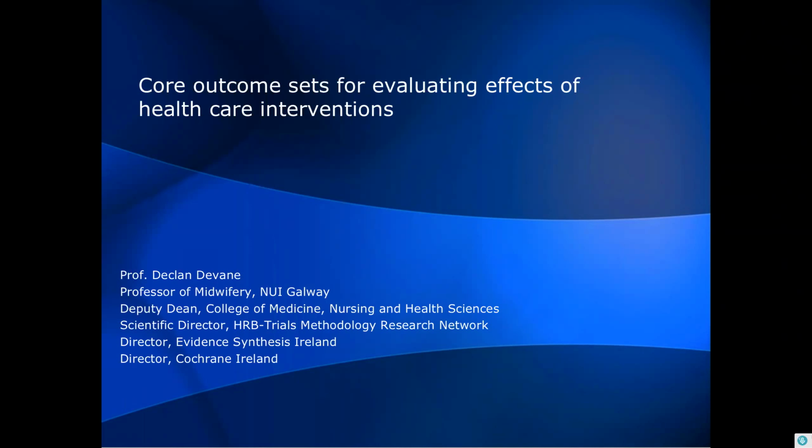Declan trained as nurse and midwife, meandering his way into trial methodology and research synthesis, and his work now focuses on a blend across midwifery and the broader maternity care, randomised trials and how they're done, and synthesising evidence.